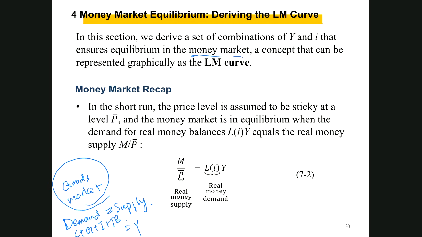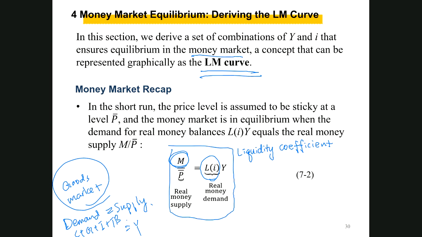So this one can be represented as an LM curve. So why is it called LM? It's just, on the left-hand side there's the money supply, and L is the liquidity coefficient. So this equation, we should be familiar with this equation, right? M divided by P is equal to L(i) times Y. Why does this hold?